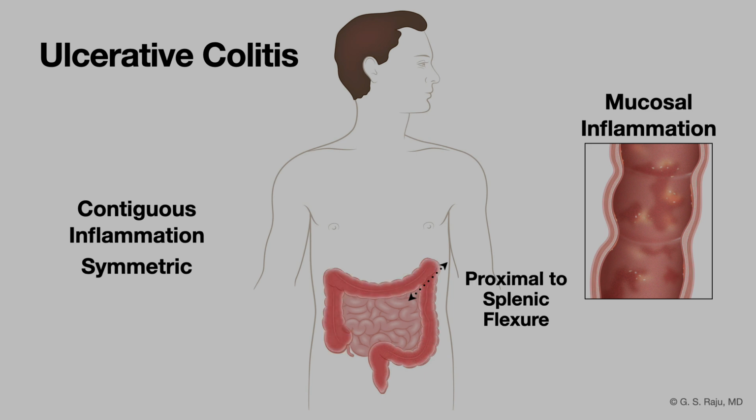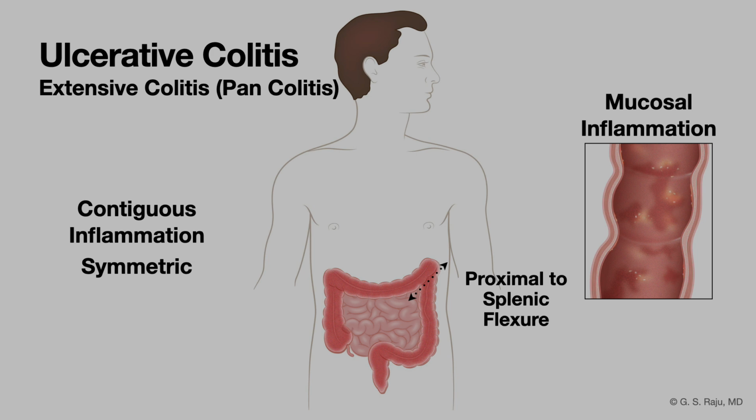If it goes proximal to the splenic flexure, then it is known as extensive or pancolitis. So ulcerative colitis: proctitis, left-sided colitis, pancolitis.